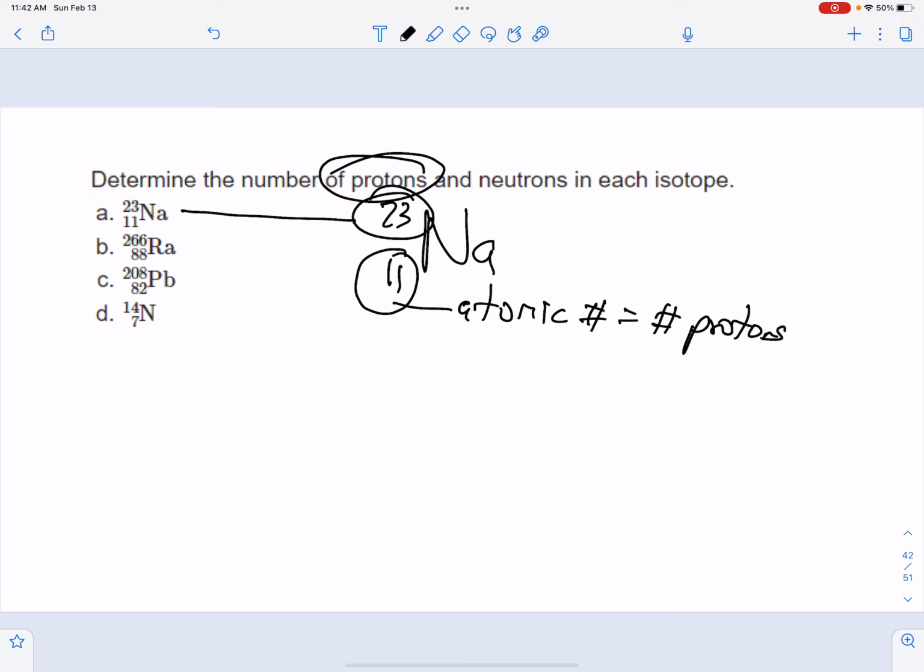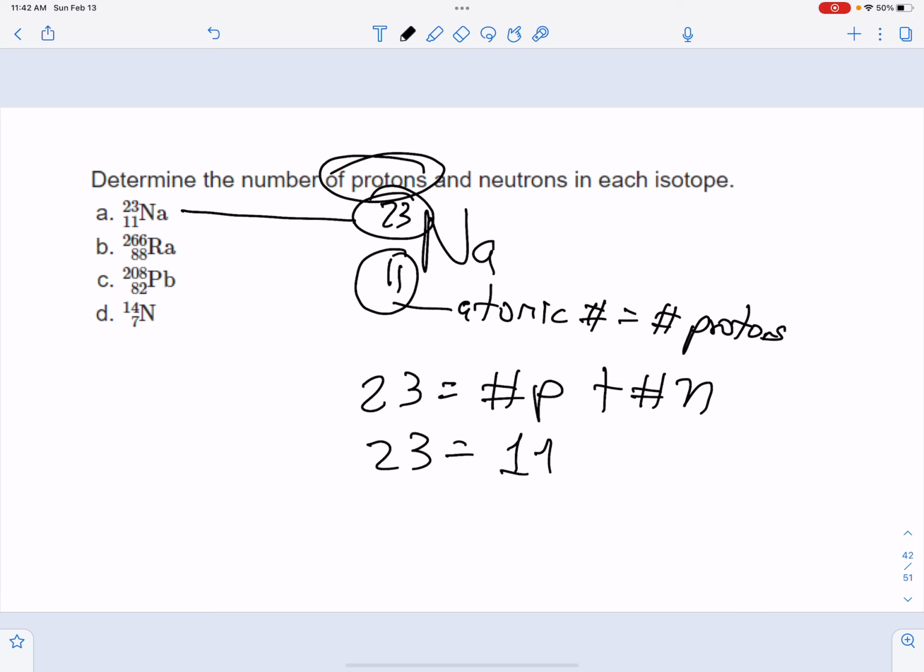And the mass number, which is 23, equals the number of protons plus the number of neutrons. Since you already know the number of protons, you can find out how much that is. So the number of neutrons, in this case, is going to be 12 neutrons. 12 plus 11 equals 23.